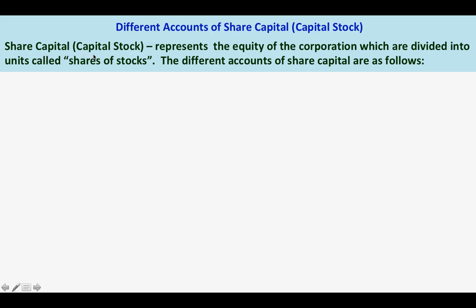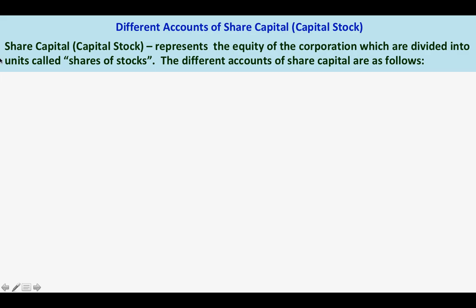Share capital is also called capital stock. Share capital represents the equity of the corporation, which is divided into units called shares of stock. The different accounts of share capital are as follows.